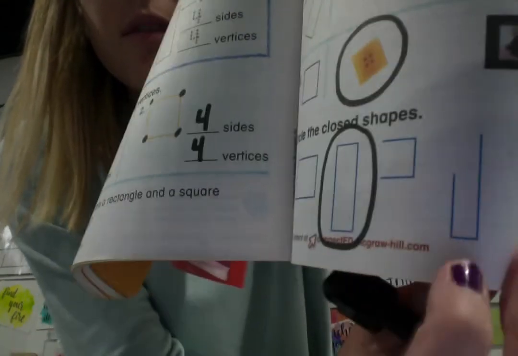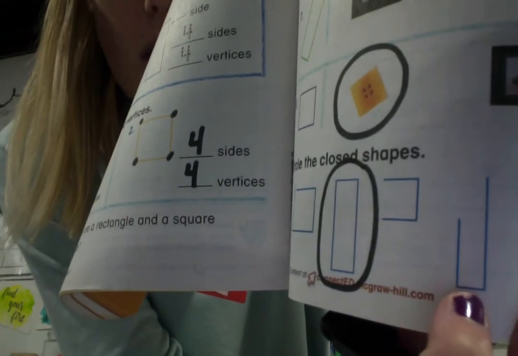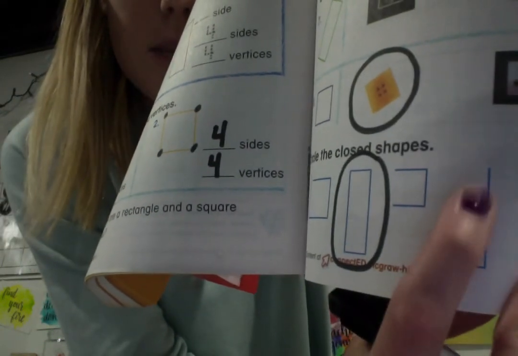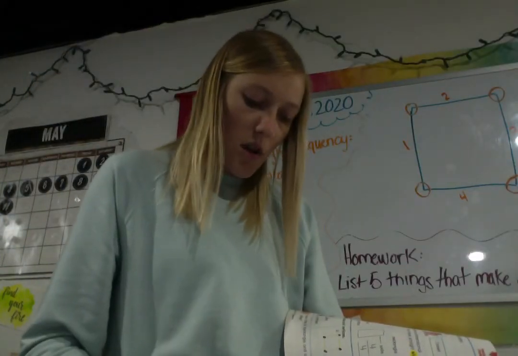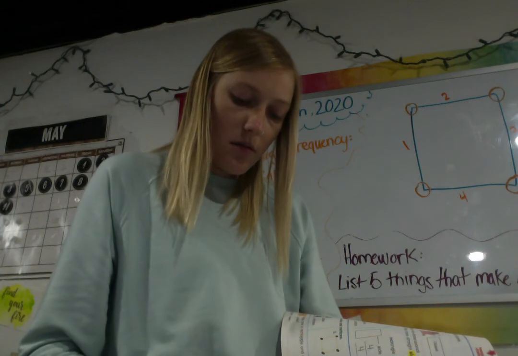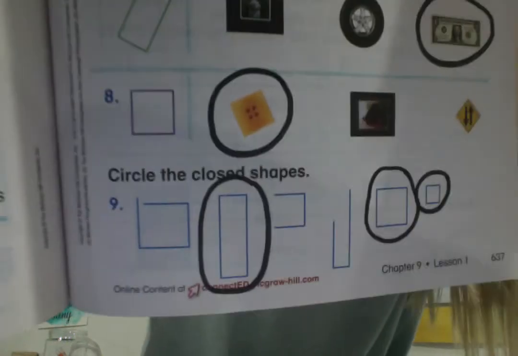The next one is also open. You can see the top is missing. And then the last 2 you can see are perfect squares, so you can circle those last two. So that's what you should have circled on the bottom. You should have circled 3 shapes in that last one.